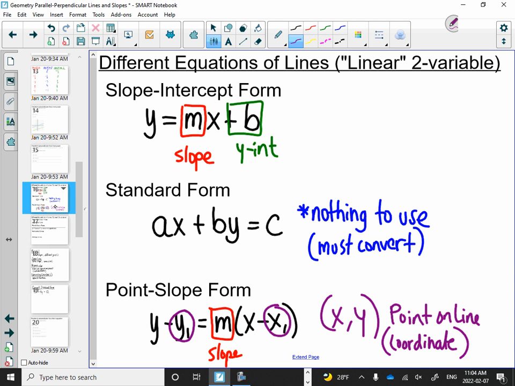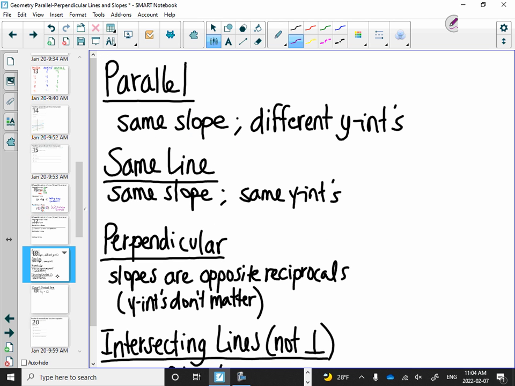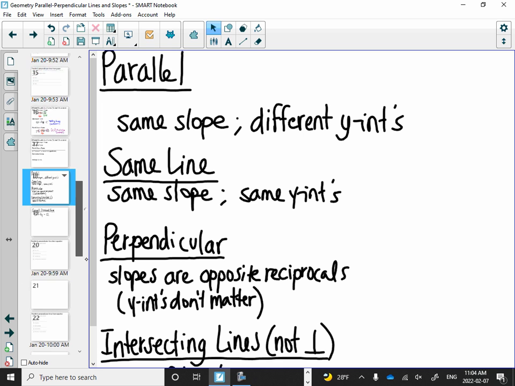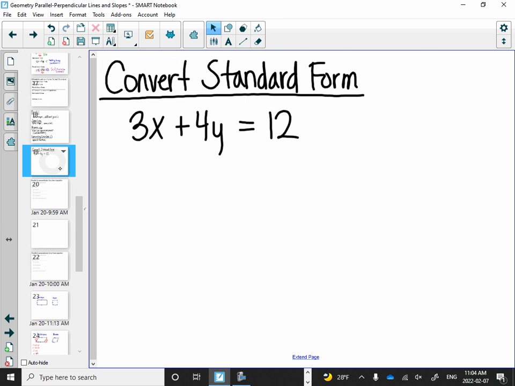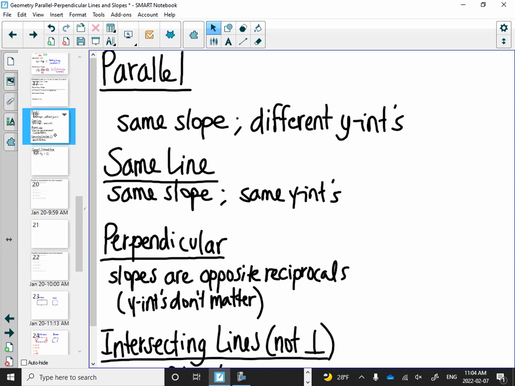All right. Here's where this is going. You're going to be asked a question that looks like this. What do the following two equations represent? The same line, parallel lines, perpendicular lines, or lines that are intersecting but not perpendicular. Okay? This is how you're going to tell. First off, if the lines are parallel, we know that parallel lines have the same slope.